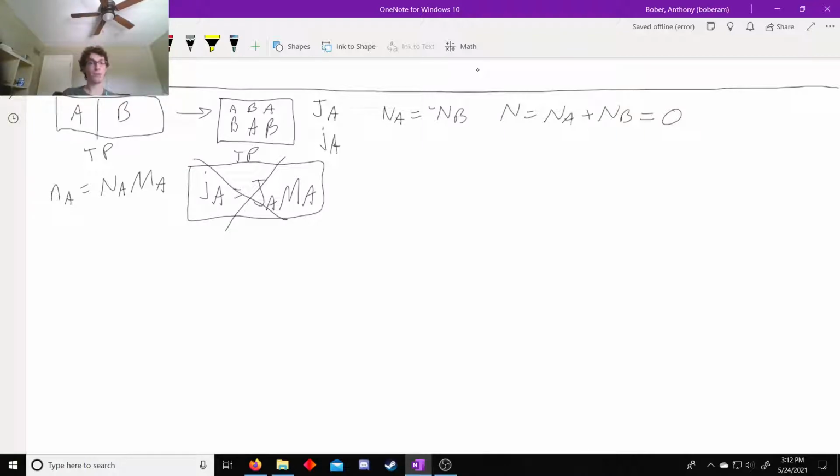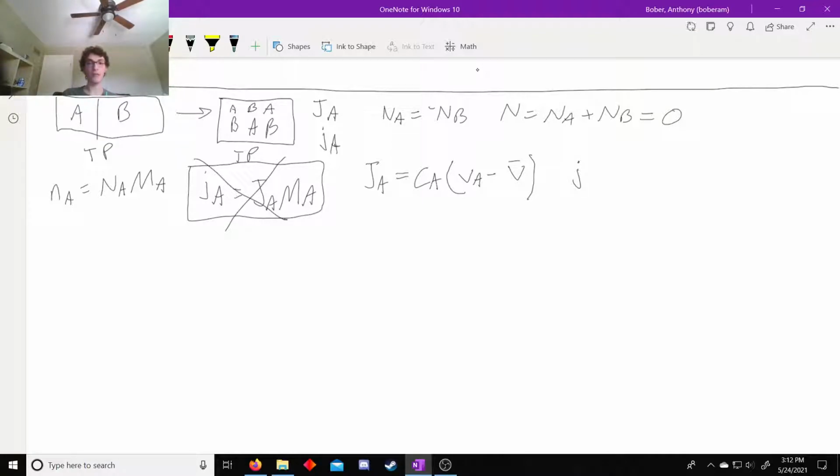So I'm going to write down the definitions. The molar diffusive flux of component A is equal to the concentration of component A multiplied by the velocity of component A minus the average molar velocity of everything.